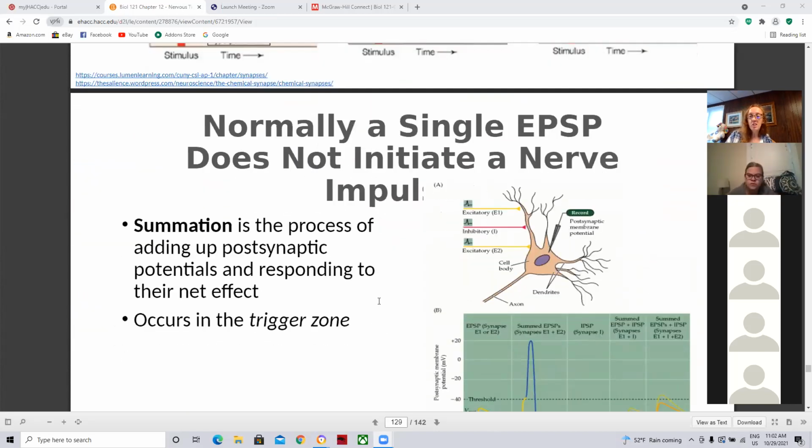So a single excitatory postsynaptic potential is not going to initiate a nerve impulse. Remember how they're decremental, they die out over distance. Because these are local potentials, they're weak, they don't self-propagate.